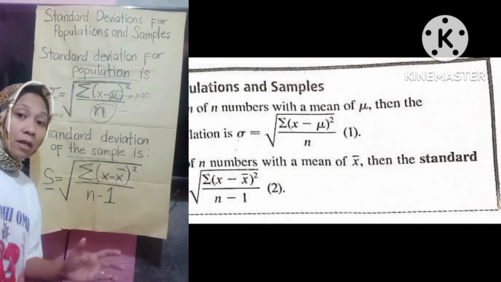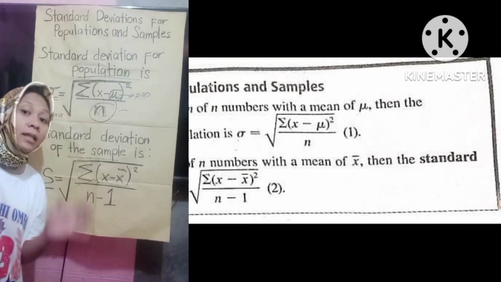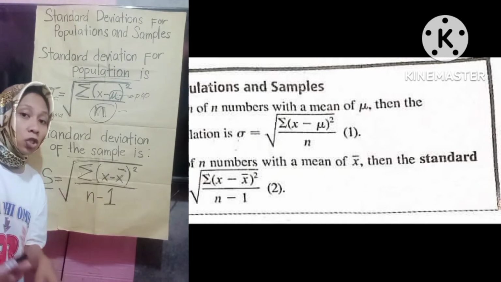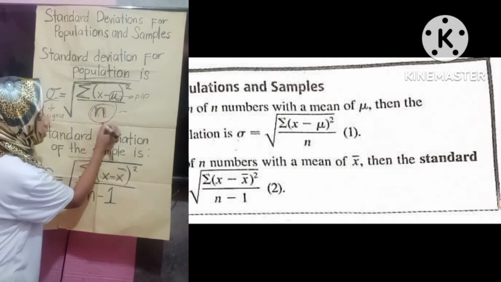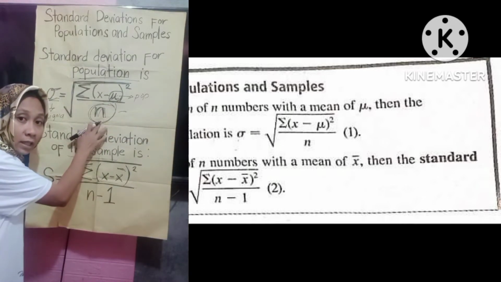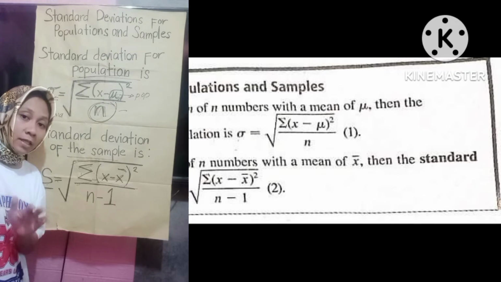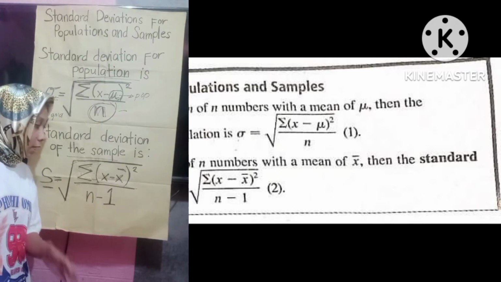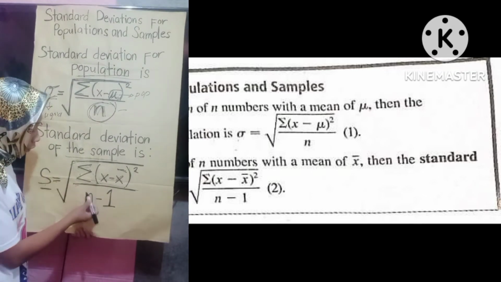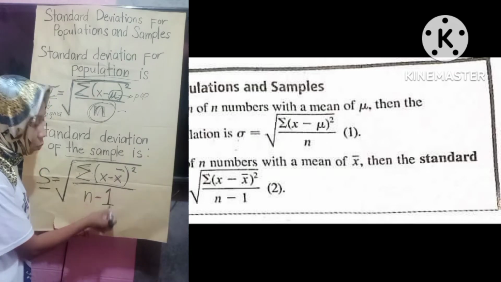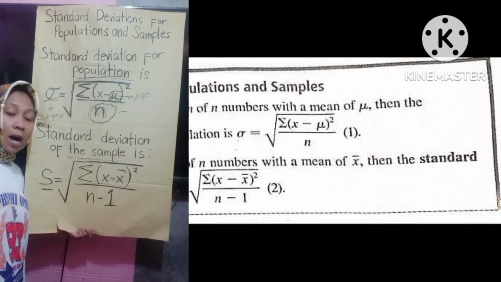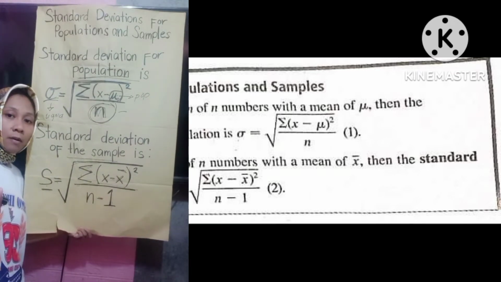So, may pinagkaiba yung population and sample. Sa population, n lang. Ibig sabihin, numerical lang ang need. Pero sa standard deviation of sample, ang magagamit nyo sa over niya is n minus 1. Yan ang pinagkaiba ng dalawang formula.